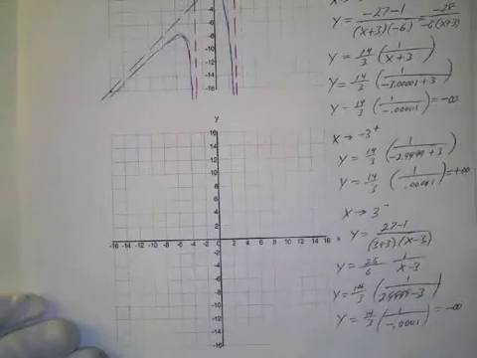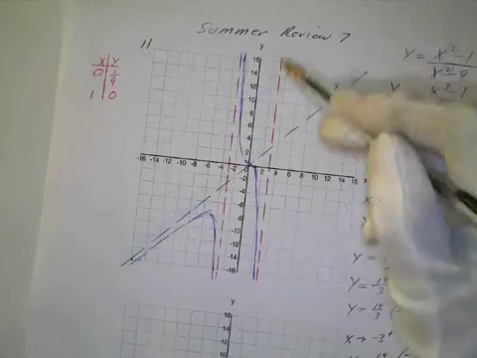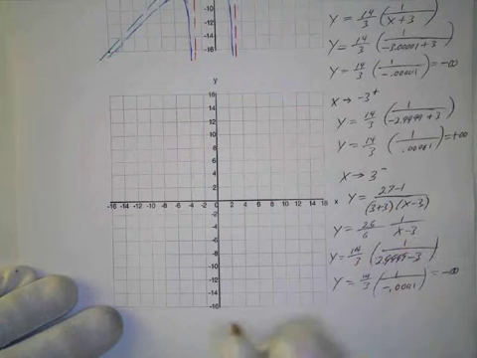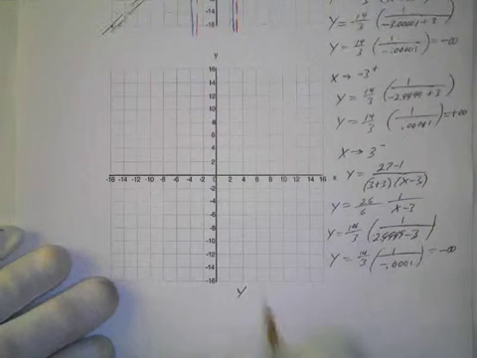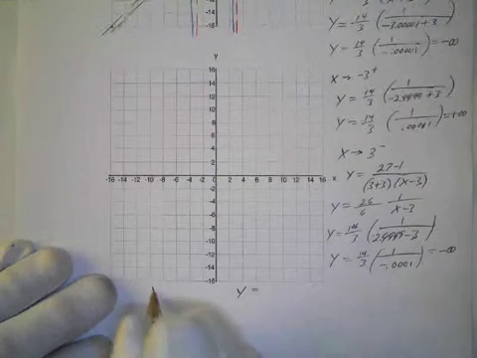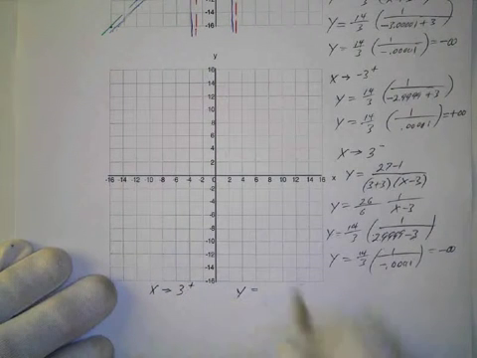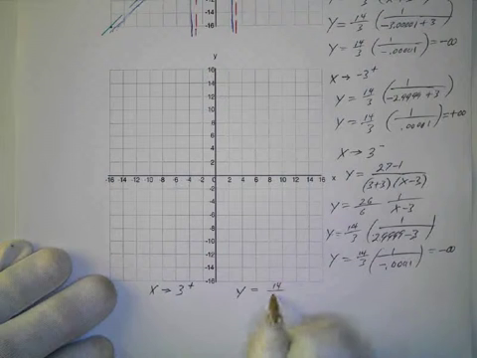Okay, and then one more, we just have to see what's happening over here. Are we going to be like this or like this? So let's just check and see. Again, we can use this over here. So this is as x approaches positive 3 from the positive direction, so y equals 14 over 3.